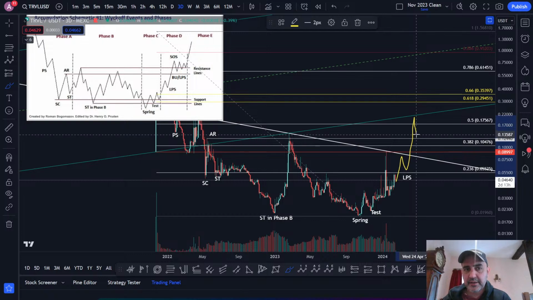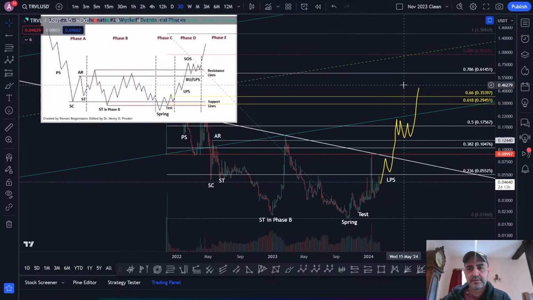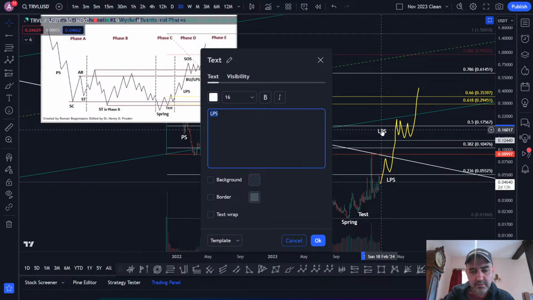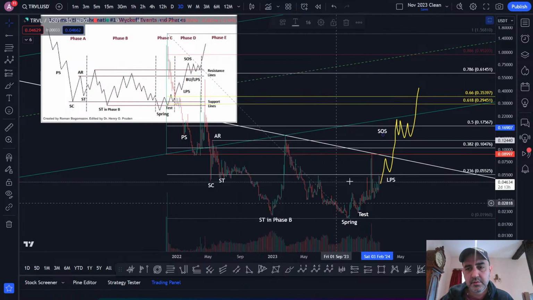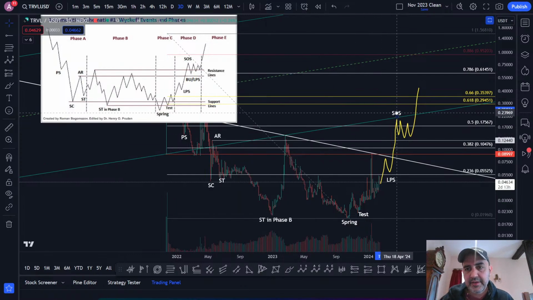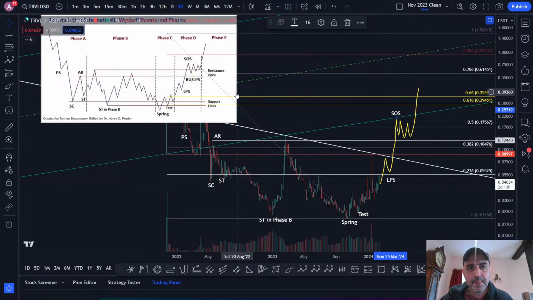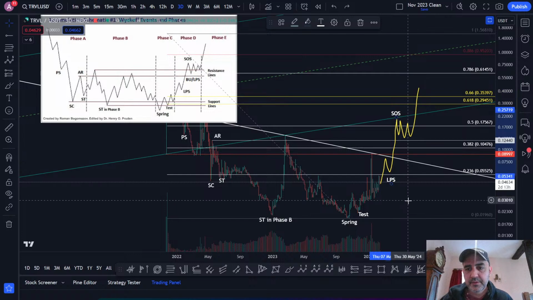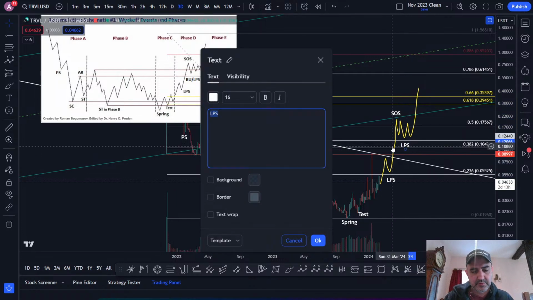And then this is the sign of strength. And that's the markup. So you have an SOS, and then you have the buy up and the last point of support.